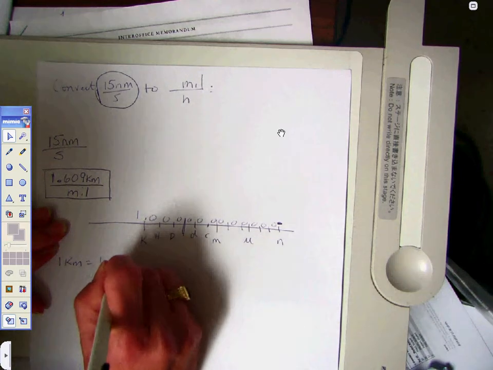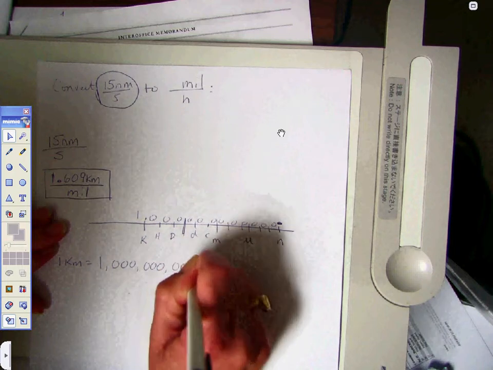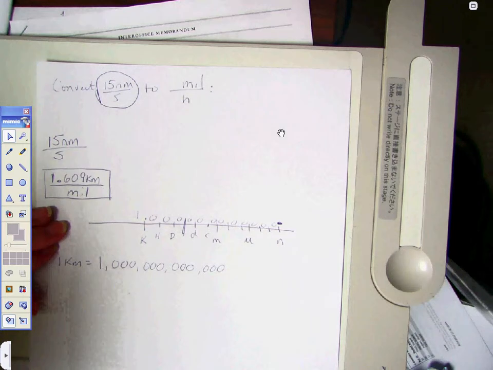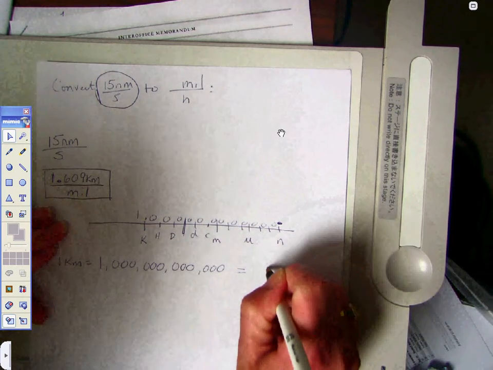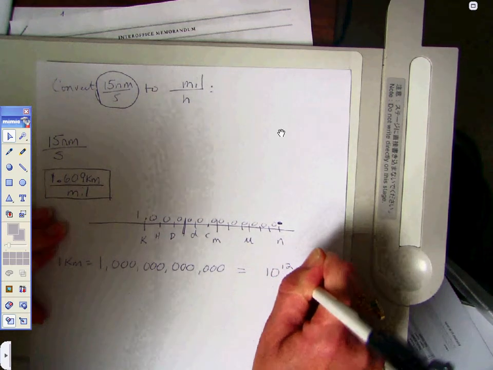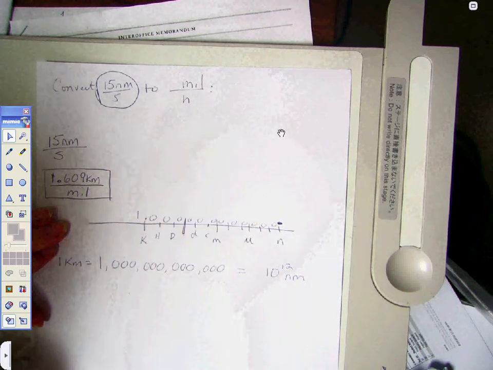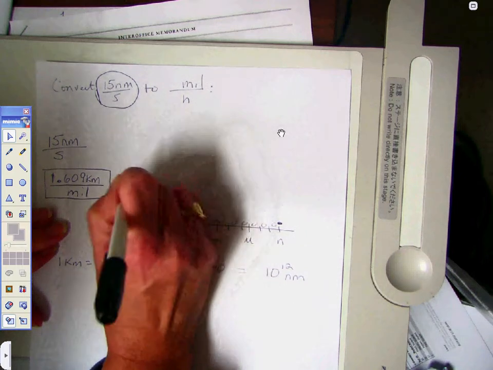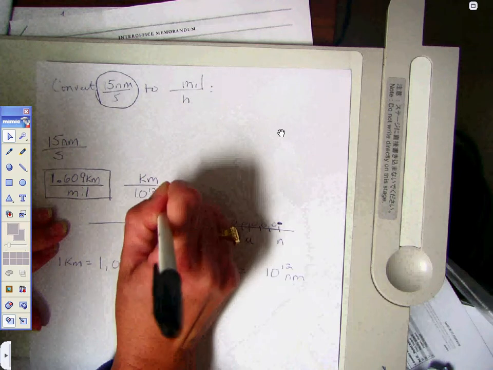That number looks like this. But gosh, that's a difficult number to write out. So it's going to be easier for me to say 10 to the 12th nanometers. So here's another conversion factor that I've come up with: a kilometer equals 10 to the 12th nanometers.